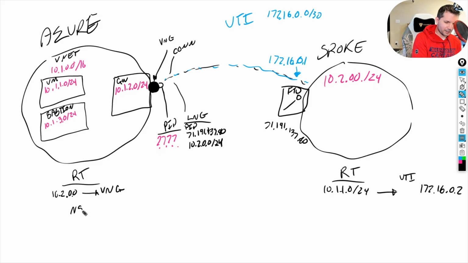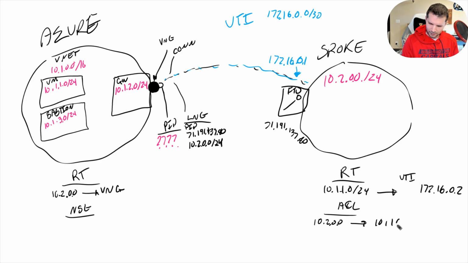The last thing we're going to have is what we call network security groups, which are Azure's way of defining ACLs. So on the Spoke side, we're going to say outbound allow 10.2.0.0 to talk to 10.1.1.0 and the inverse, 10.1.1.0 to talk to 10.2.0.0.